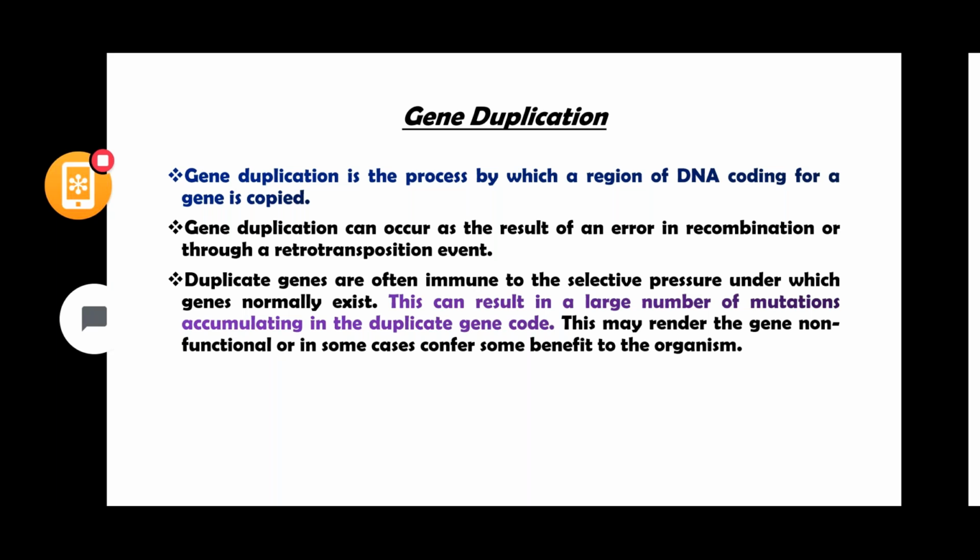Only a few regions of the sequence have been changed, the sequence is almost similar, but the function of that protein is distinct. Alpha globin will function in one way and beta globin will function in a different way, but the sequence is almost similar, though the position of the sequences is different. Okay, this is the result of gene duplication. Okay, next slide.